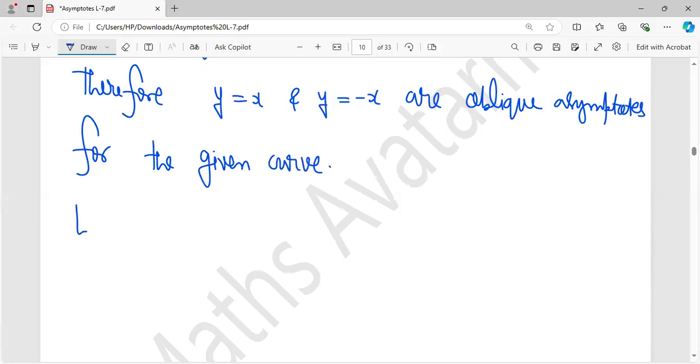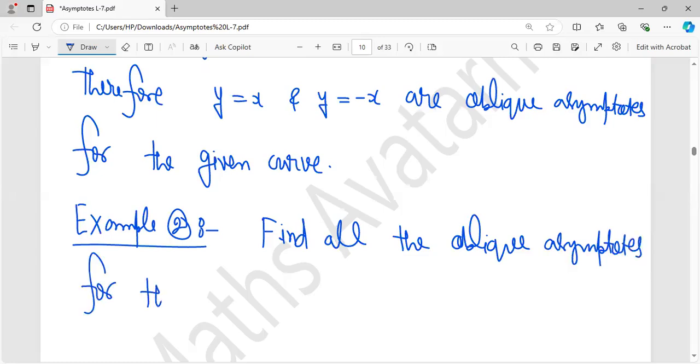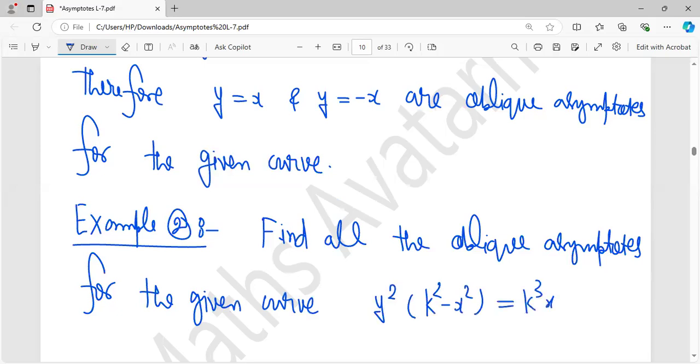Okay. So example number 2: find all the oblique asymptotes for the given curve y square k square minus x square k cube x, where k is greater than 0.